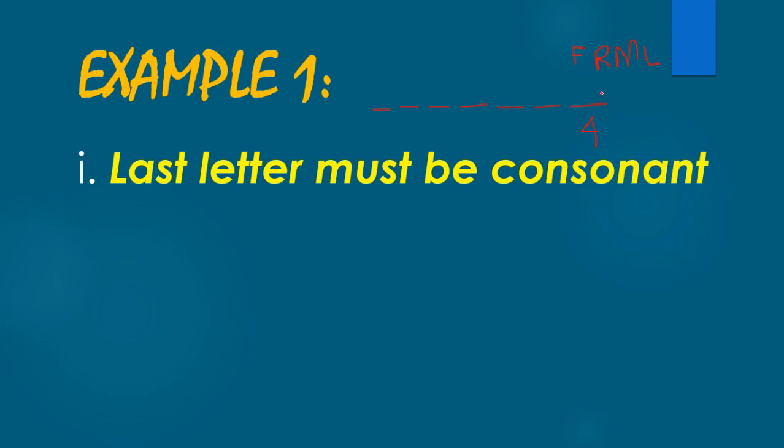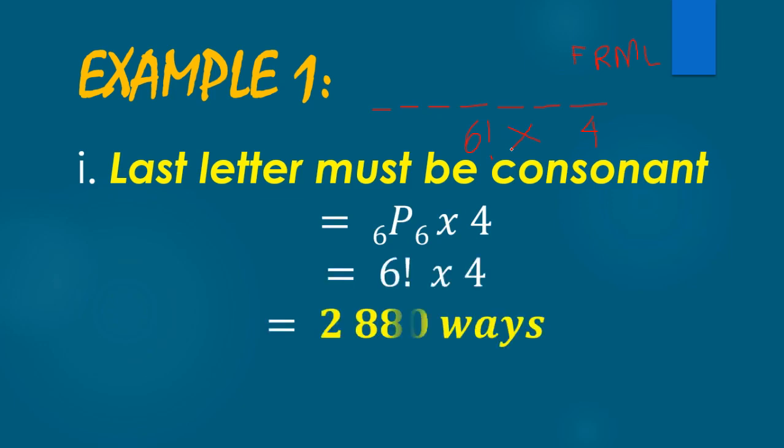Then let's say we use F here, so we still have 1, 2, 3, 4, 5, 6 other letters to be arranged. So that would be 6 factorial times 4. Or that is 6P6 times 4. That would be equal to 2,880 ways.